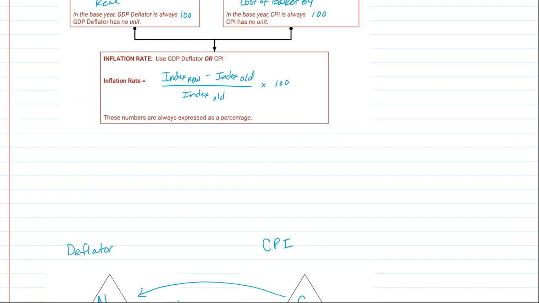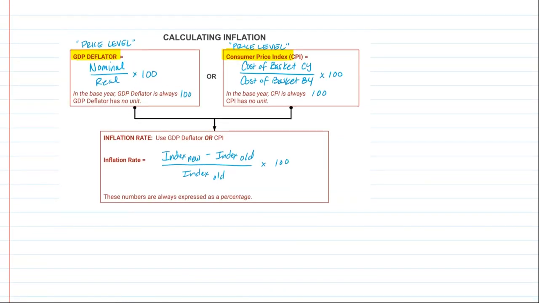But the biggest thing you need to know is that when calculating inflation, there are two different price index values that we could use. One is the GDP deflator and one is the consumer price index, and both of them will eventually get plugged into the same rate of change equation to calculate inflation.